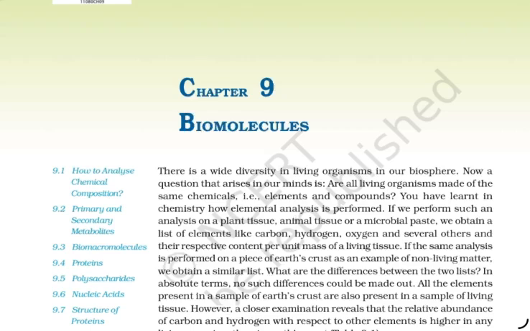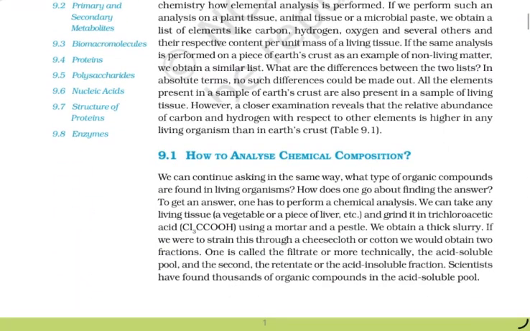paste, we obtain a list of elements like carbon, hydrogen, oxygen, and several others, along with the content per unit mass of living tissues. If the same analysis is performed on a piece of Earth's crust, as an example of non-living matter, we obtain a list too. What is the difference between the two lists? In absolute terms, no such difference can be made out.